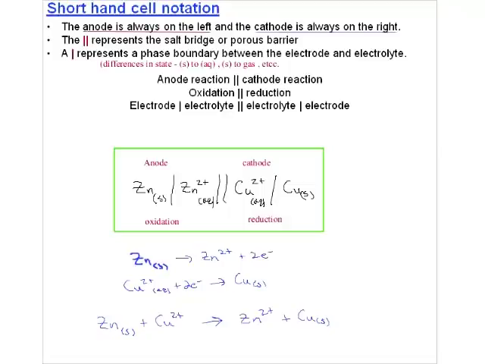So when we rewrite this, of course, what we're seeing is zinc going to zinc ions, copper ions going to copper. Get it? All right, so that's shorthand notation.